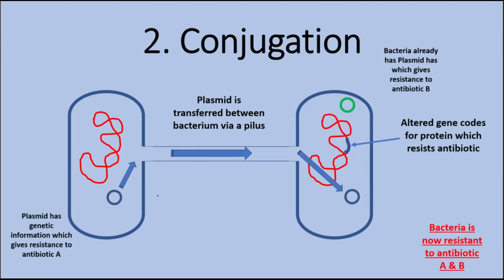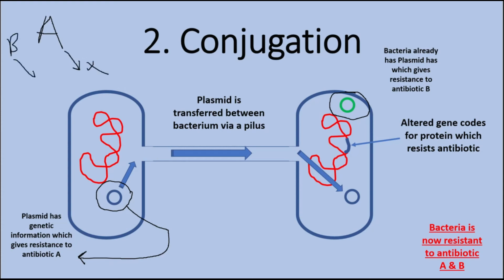Second way is conjugation, bacterial conjugation. The plasmid can form like a space dock. So just to set this up, here you've got bacteria A with a plasmid, and here you've got a bacteria with a plasmid. This has the genetic information to resist antibiotic A. So antibiotic A does not work, but antibiotic B does work.